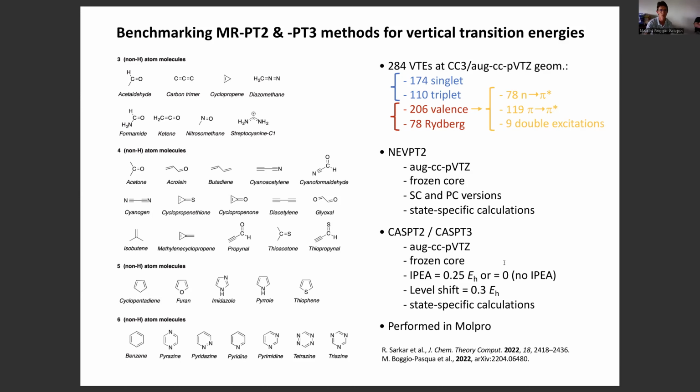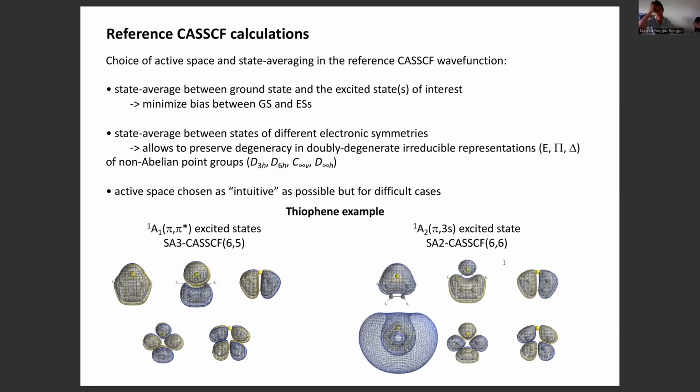And of course, one of the critical steps in all these calculations is the choice of the reference CASSCF wave function, which means that we have to select the active space and the state-averaging procedure. So this is the strategy that we try to follow. We have decided to state-average systematically between the ground state and the excited state of interest.